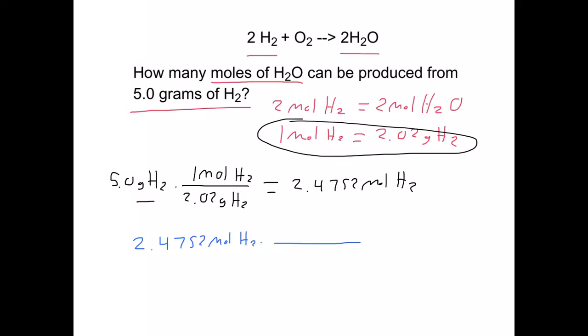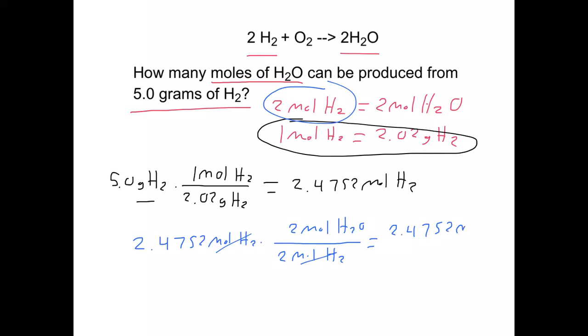So we have moles of H2 at the beginning, we will need to divide by moles of H2. 2 moles of H2 on the bottom. We'll be solving for moles of H2O, so the 2 moles of H2O will go on the top. 2.4752 times 2 divided by 2, moles of H2 goes away, we get to moles of H2O, and the number is the same.